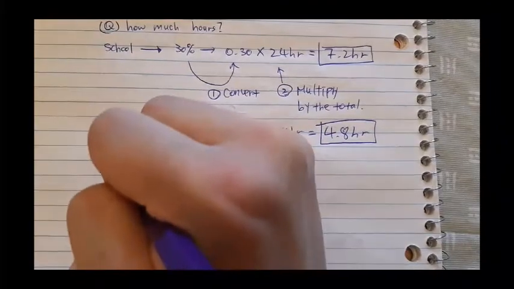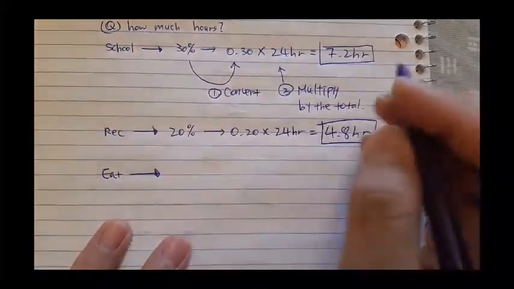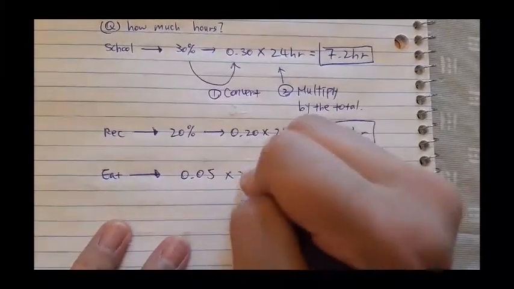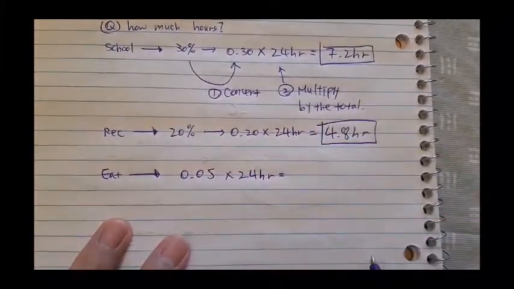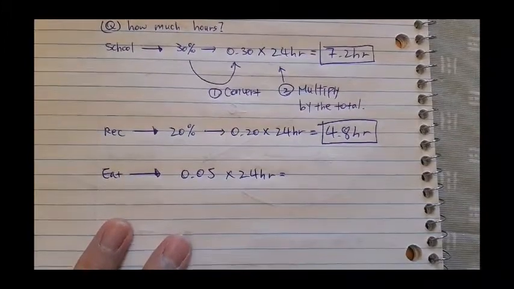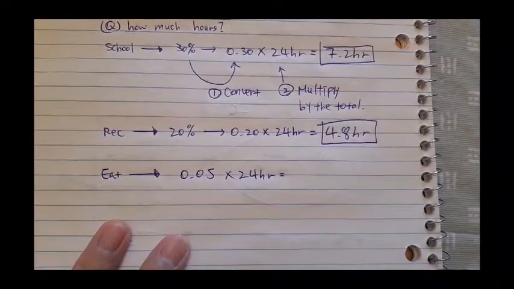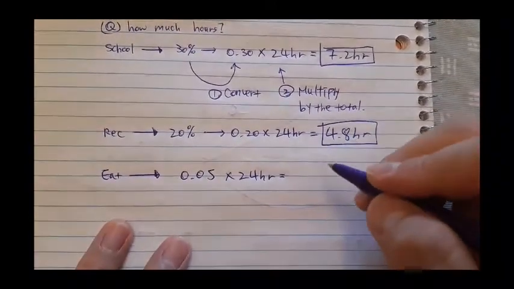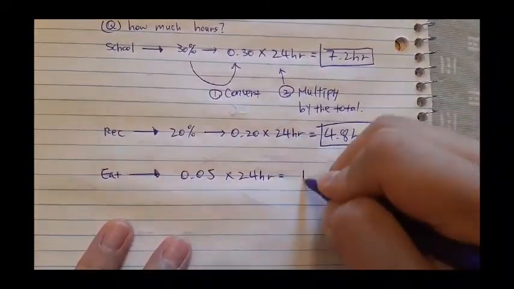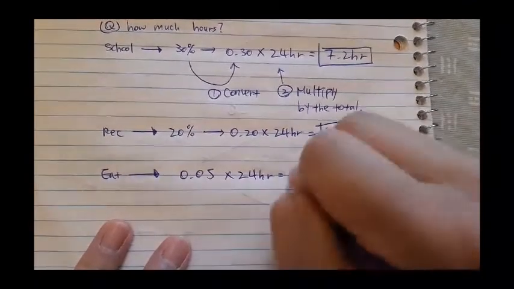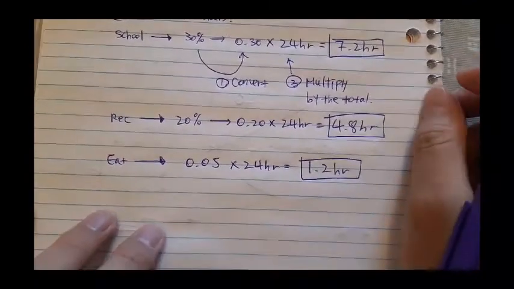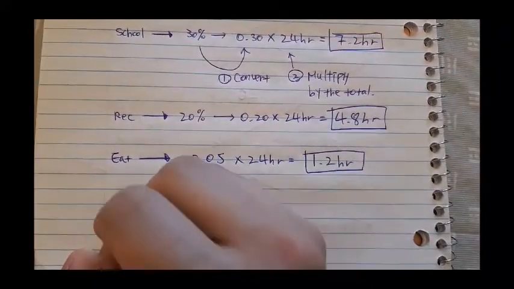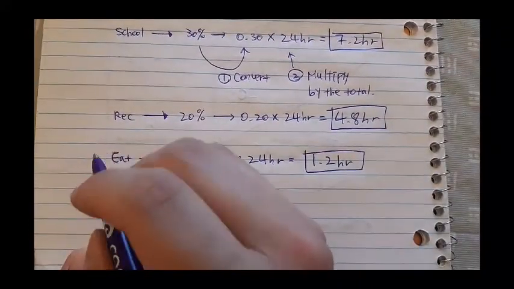Next, eating, 5%, so we know that it's 0.05 multiplied by total time, 24 hours. 0.05 multiplied by 24 is equal to 1.2. What else? Homework.